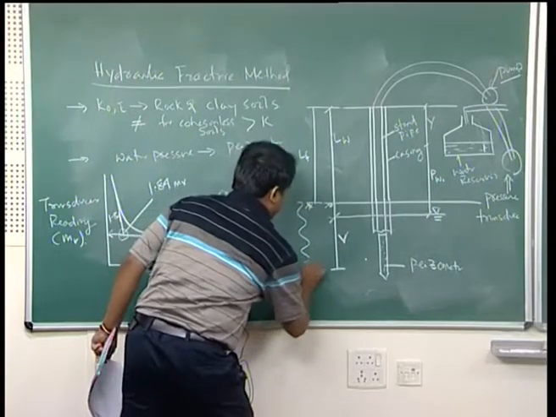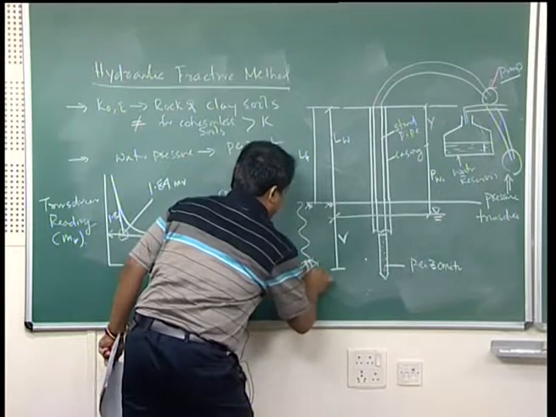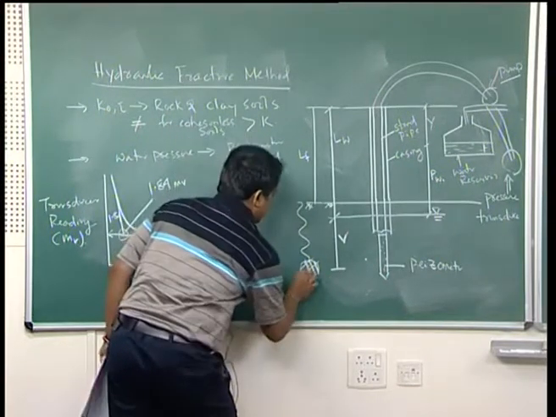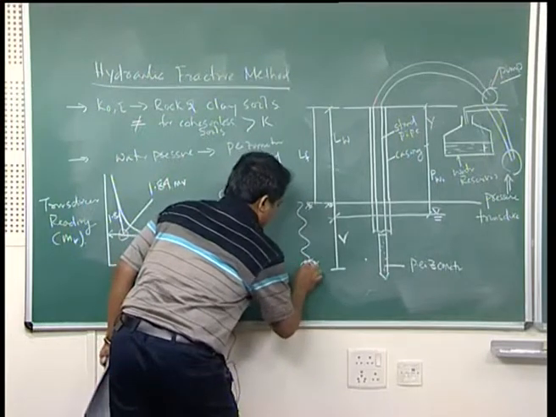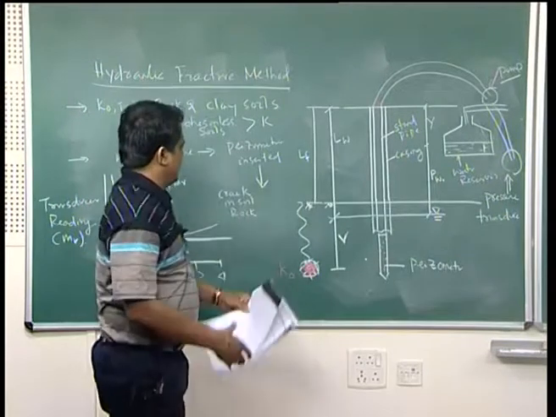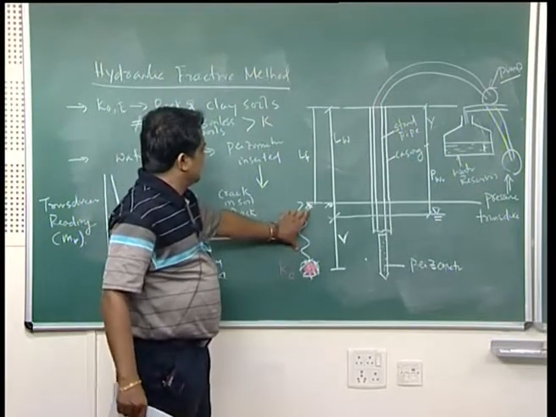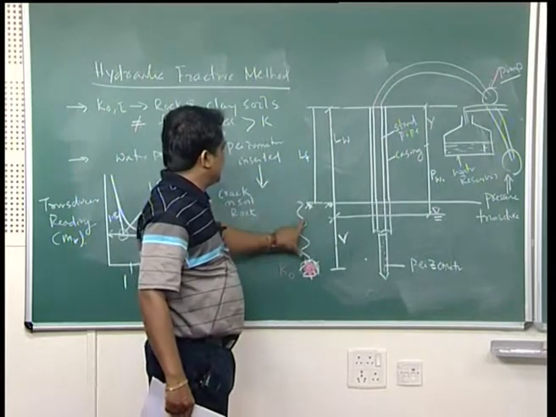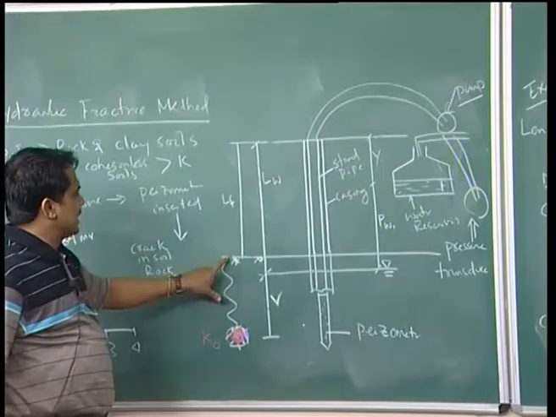At this height, at this point, you are measuring below the ground surface, you are supposed to measure K0. Now, what is this height? The LW plus B minus LF, this is my height from this ground level.